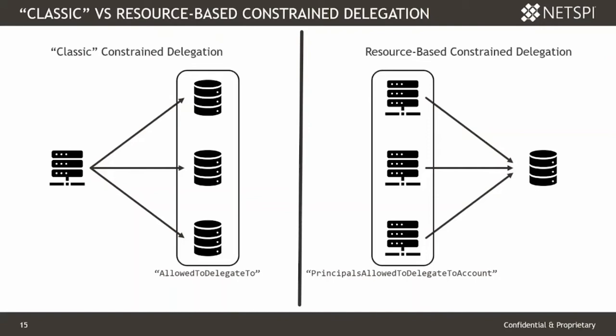So we set that in service 2's principals allowed to delegate to account list in Active Directory. So we're either saying service 1 is allowed to delegate to and setting that in allowed to delegate to property for service 1, or we're going the other direction and we're saying service 2 will accept delegation from and then setting the principals allowed to delegate to account property on service 2 in Active Directory.